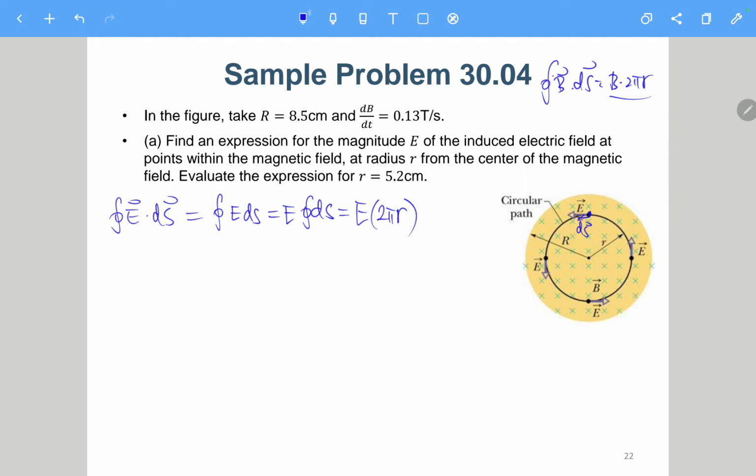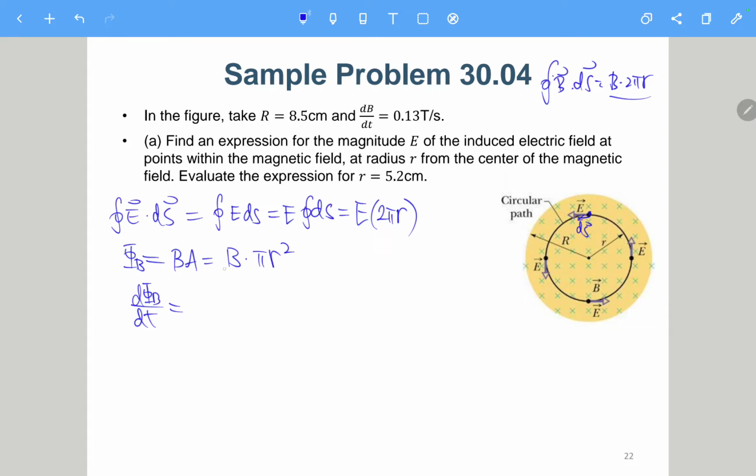Okay, so here we also try to find phi B, which is B times A, which is B times pi r squared. A is the cross-section area of the circle, so pi r squared for the area. Okay, so next we would like to find d phi B dt.